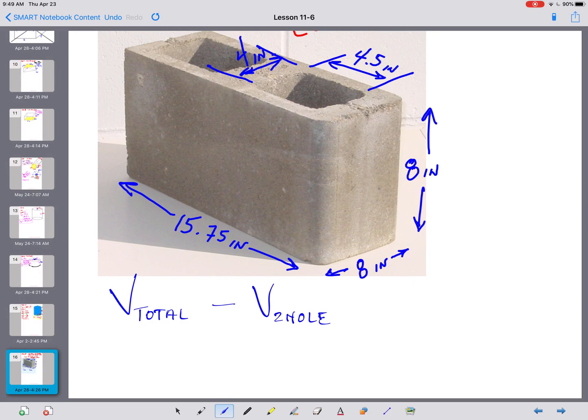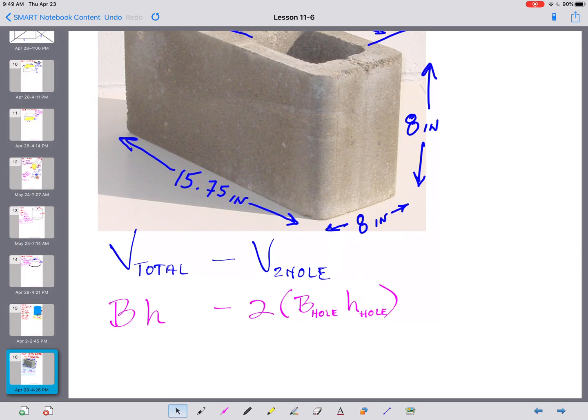So we got volume equals, for a prism, the base area times the height, minus, there's 2 of these, base area of the hole times height of the hole.